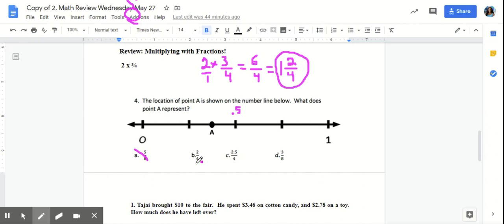Answer choice B, 2/4 is equivalent to a half. So this answer choice would be right at our halfway mark. But we know that B is incorrect because 2/4 is past our point A.